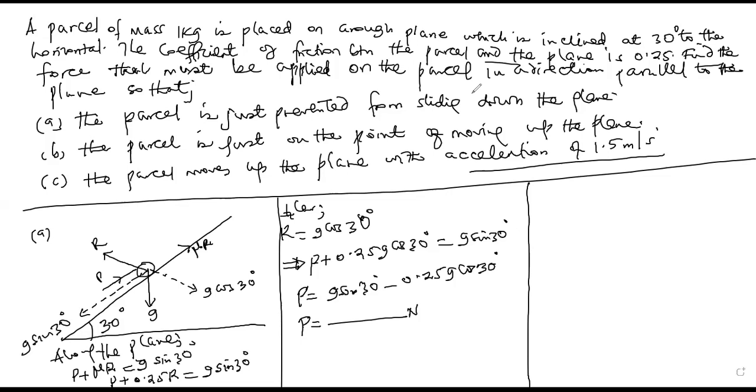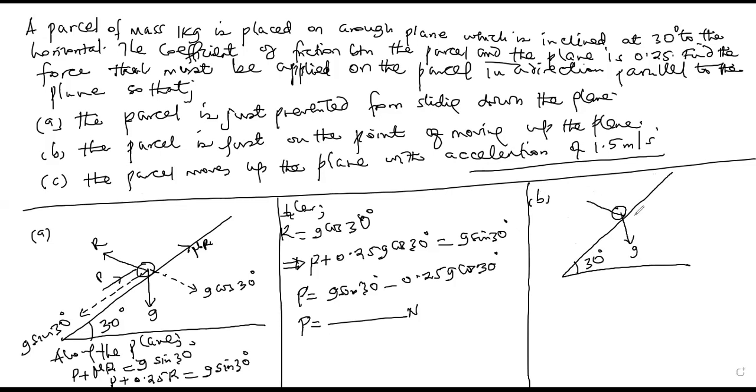Yes. But on part B, they're saying the parcel is just on the point of moving up the plane. If the plane is inclined at 30 degrees, and this is my parcel, this is its weight g.